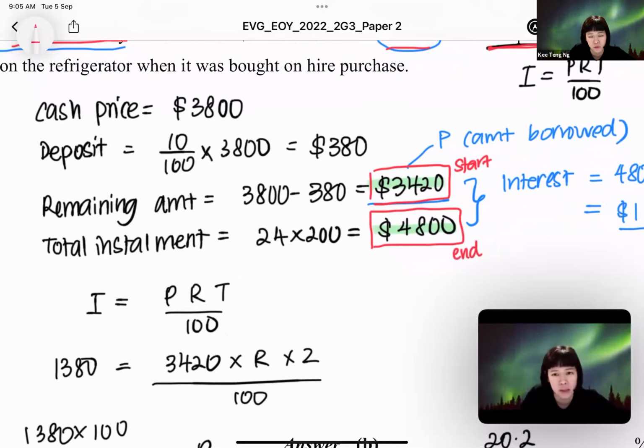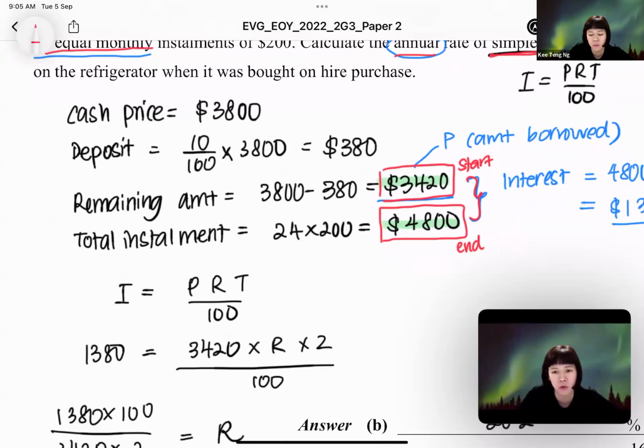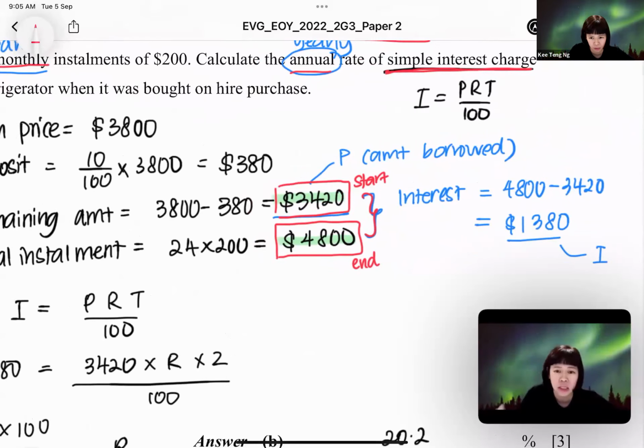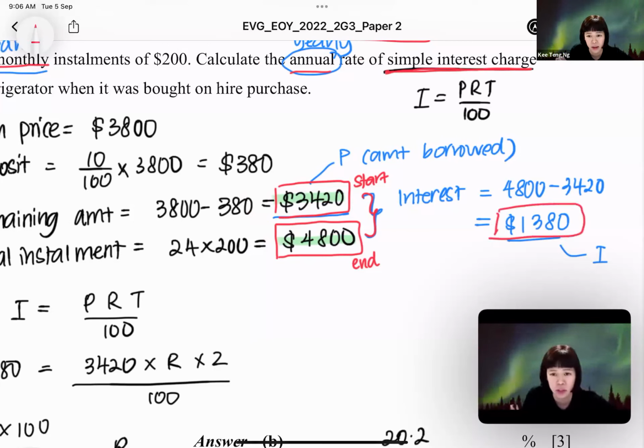What is the difference? The difference between these two amounts will be the amount of interest that I need to pay. So I take 3,420 and 4,800 and find the difference between the two of them. It gives me the interest amount. This is not the interest rate, this is just the interest amount.